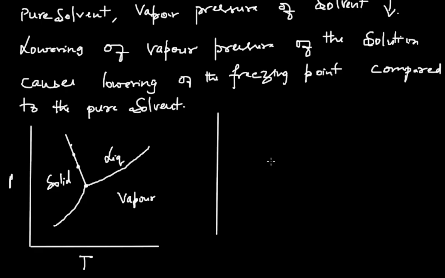Okay, these are the temperature and pressure variables. Now when you add a solute, what happens is the vapor pressure of the liquid, so this is your original vapor pressure curve, decreases like this, right?